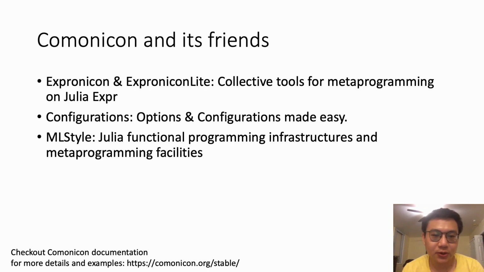Expronicon and Expronicon Lite are the packages I created for metaprogramming on Julia expressions with MLStyle-powered pattern matching, and this package is built on top of MLStyle as a standard library for metaprogramming. Also, we bootstrapped Expronicon Lite out of Expronicon to get rid of the MLStyle dependency, so the startup time can be super fast. This makes Expronicon Lite a dependency of Comonicon.